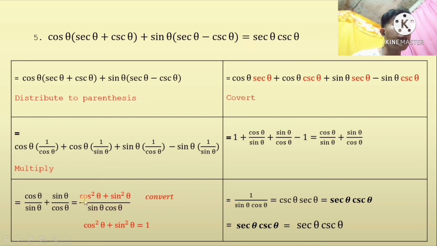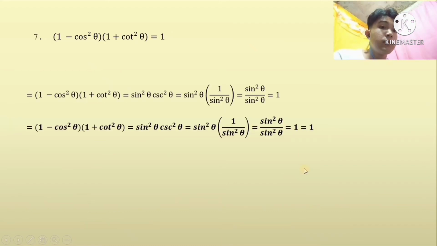So convert to 1, since cosine squared theta plus sine squared theta is equal to 1. So our equation will be 1 over sine theta times cosine theta. So convert to 1 over sine theta and 1 over cosine theta. So it will become cosecant theta and secant theta. So this is our final answer: secant theta and cosecant theta.